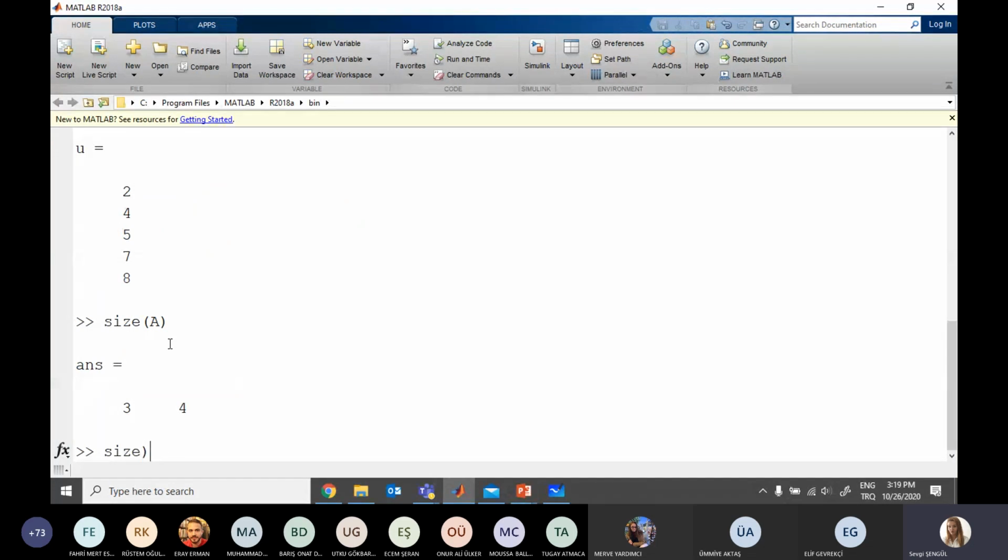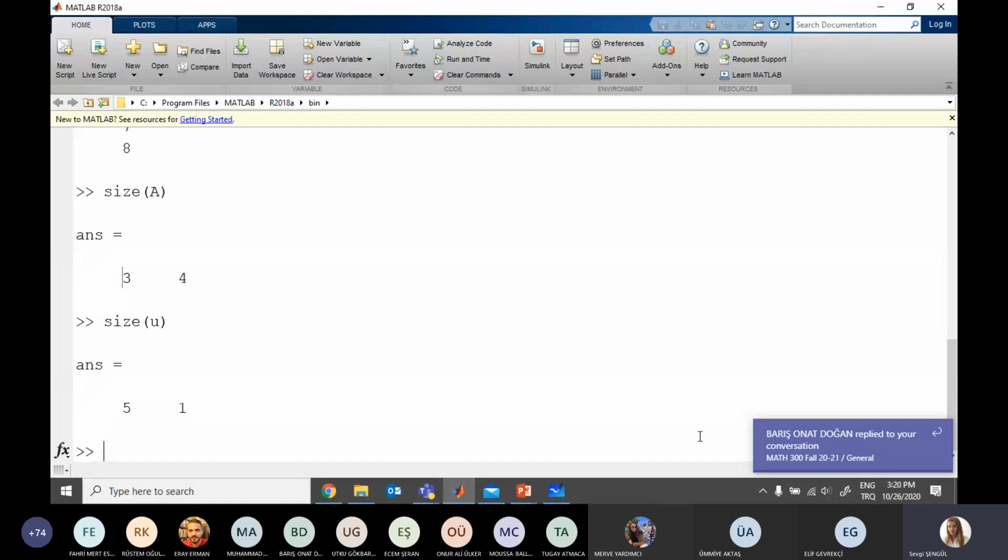Size of U is 5 by 1. So we said that the number of columns in this one should be equal to the number of rows of this one. So this 4 should be equal to 5, which means that this has either 4 by 1 or this has 3 by 5 to be able to multiply them.